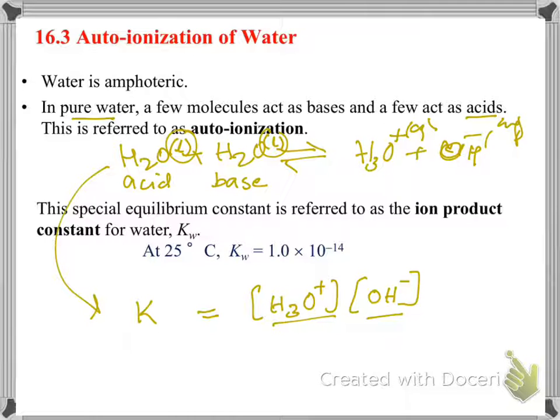We give it a special name, Kw, which is known as the ion product constant, also known as the water ionization constant. At 25 degrees Celsius, its value is constant, which is 1.0 times 10 to the negative 14.